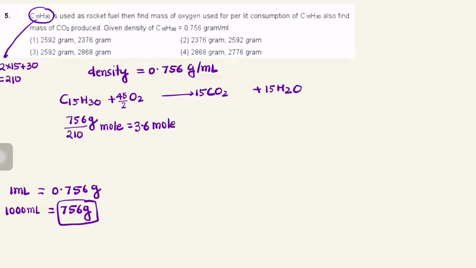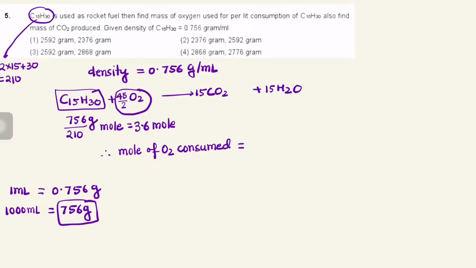Now we'll apply the mole concept, that 1 mole of this rocket fuel is consuming 45 by 2 mole of oxygen. So mole of oxygen consumed will be simply 45 by 2 times of that. So 3.6 into 45 divided by 2, that will be 81 moles.